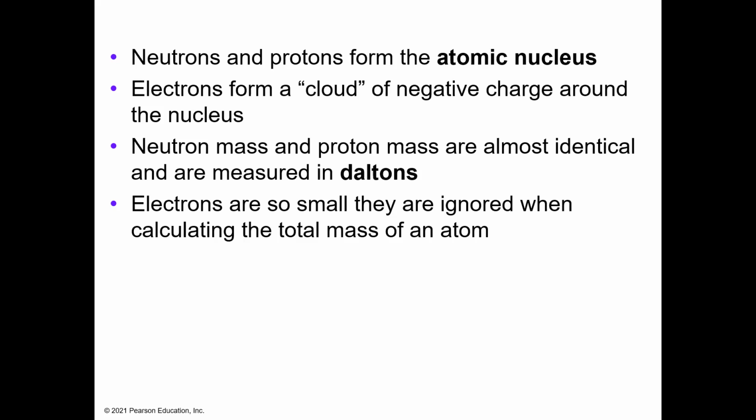That's something you'll cover a lot more if you ever take chemistry. Electrons do have a mass, but we don't count it. Their mass is so small, we ignore it when we're doing the calculations.